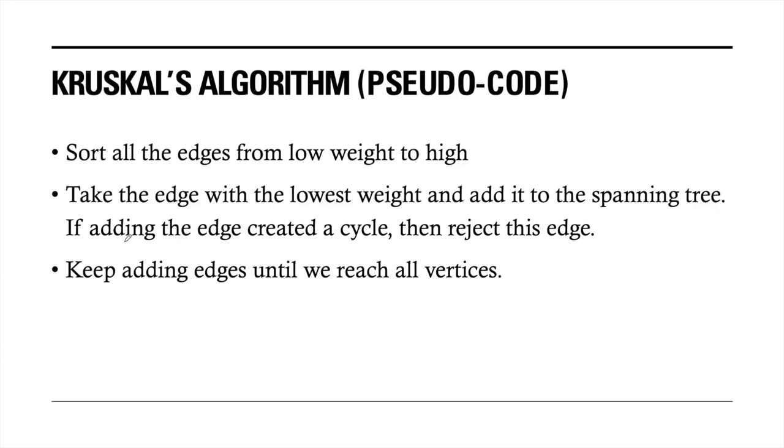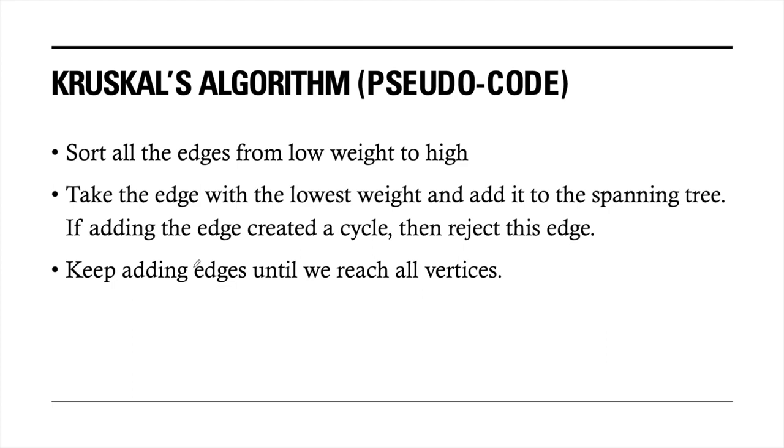However, you only add the edge if it does not create a cycle. Because if adding the edge creates a cycle, then reject this edge. As you remember, a tree will not contain a cycle. And therefore, if adding the edge created the cycle, then reject it.